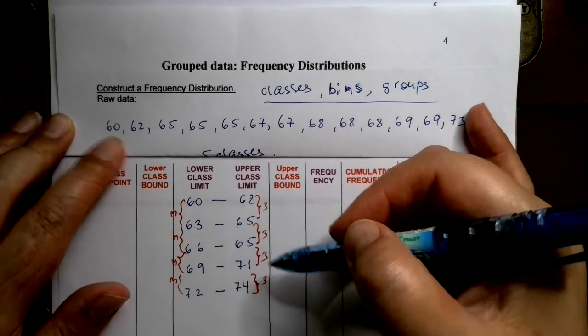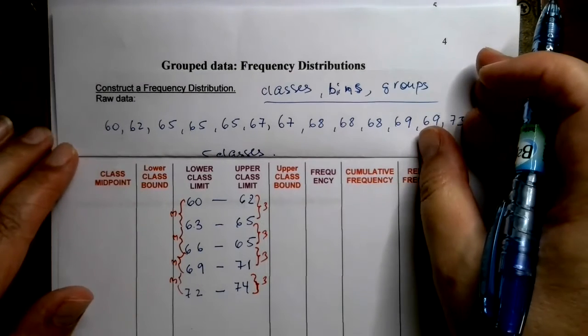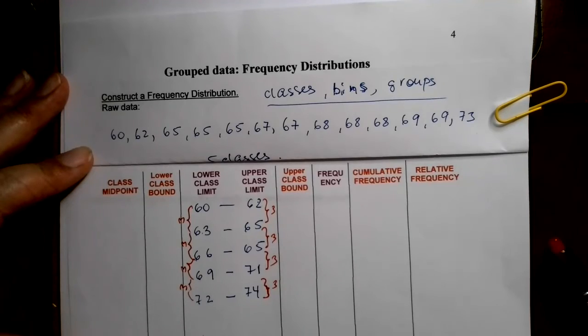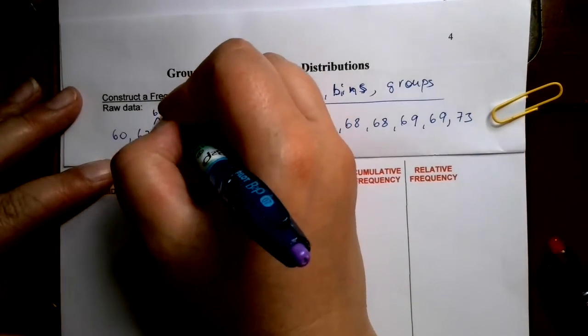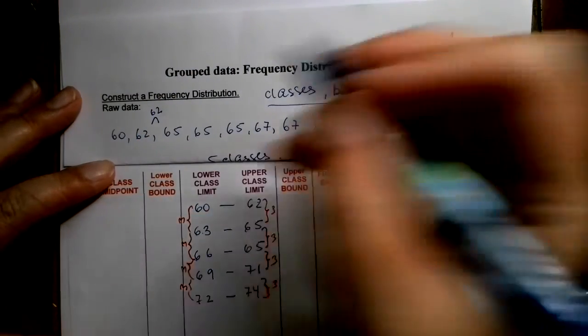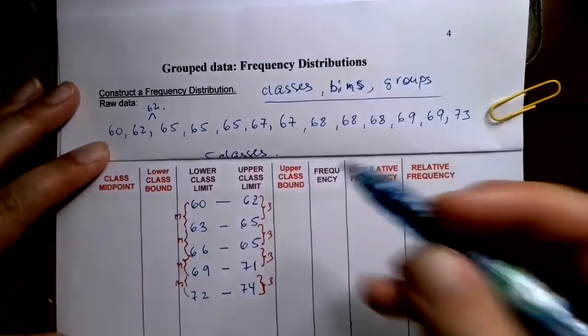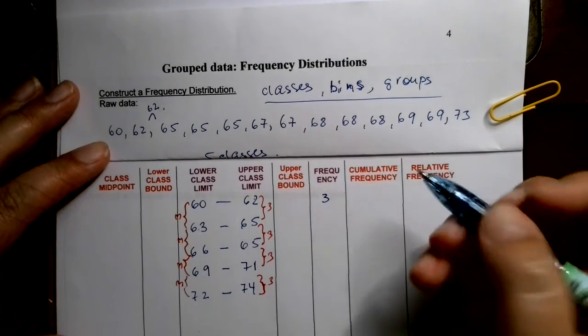So I have 1 and 2. Hold on, did I miss a value? You know what? I did, and I had another value of 62 in here, so we're going to insert it. So between 60 and 62, I have 3 values. So the frequency of this group is 3.